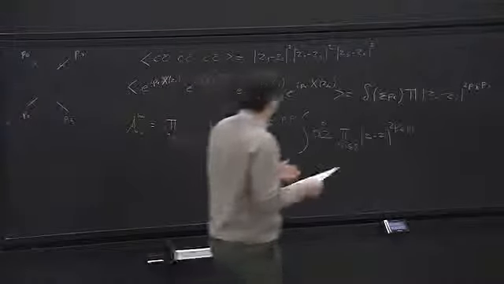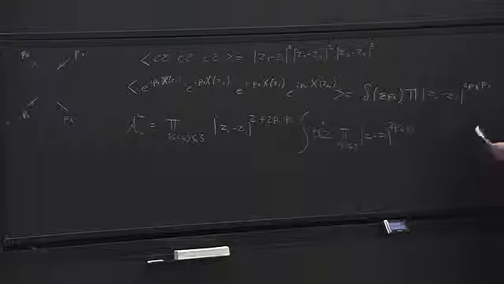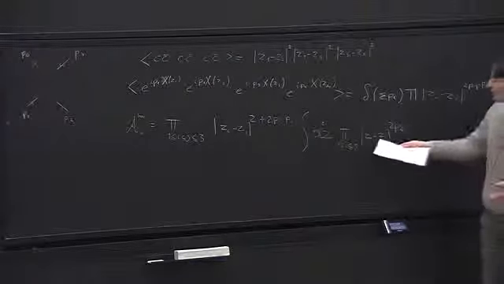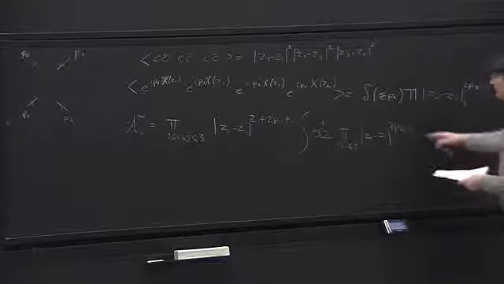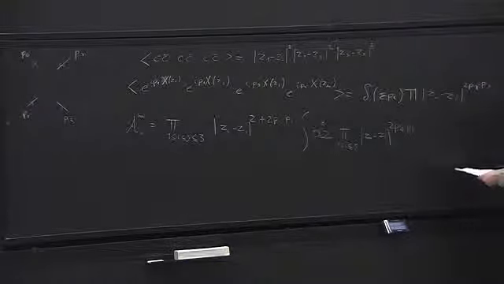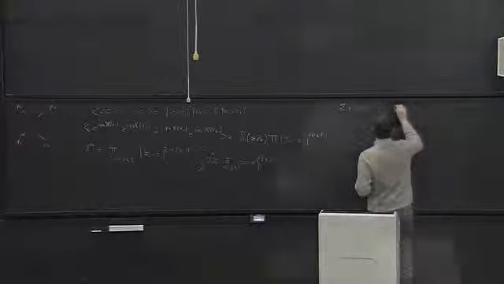So first of all, does this make sense? This integral, what can go wrong? It can go wrong at infinity. It can go wrong when z hits the zi's. Remember that we have momentum conservation, and these are all tachyons.